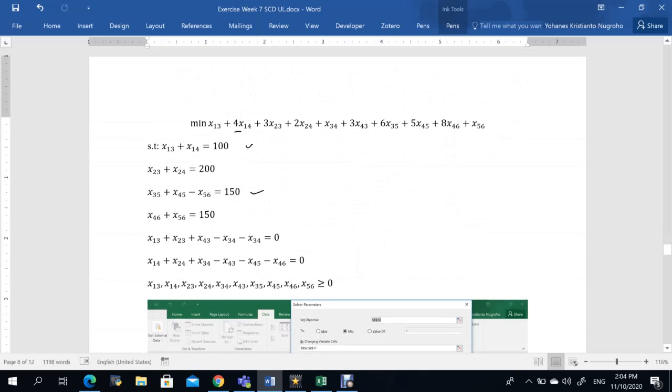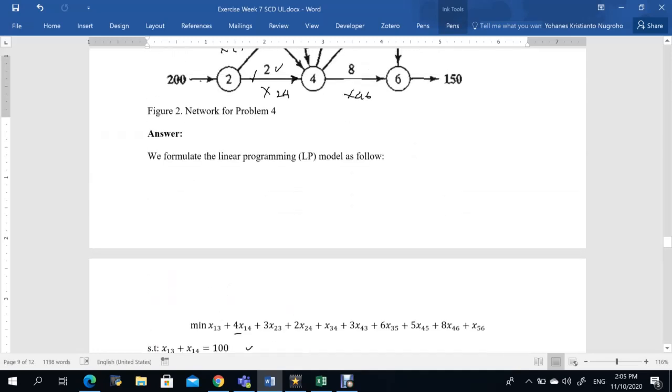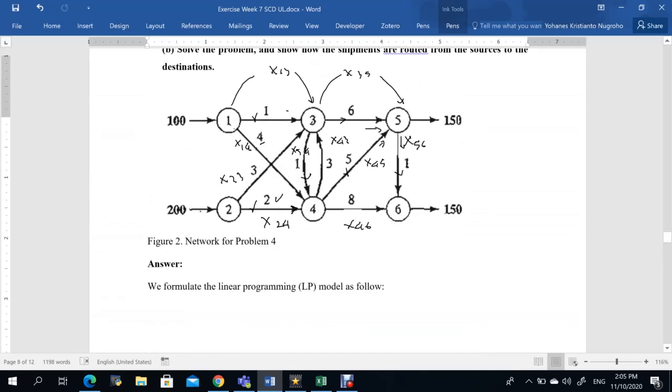Also constraint number 4, we have the same material balance at node number 6, right? And here, for instance, the third constraint says that x35 plus x45 minus x56 should equal 150.